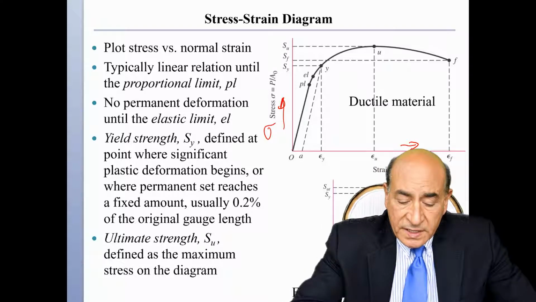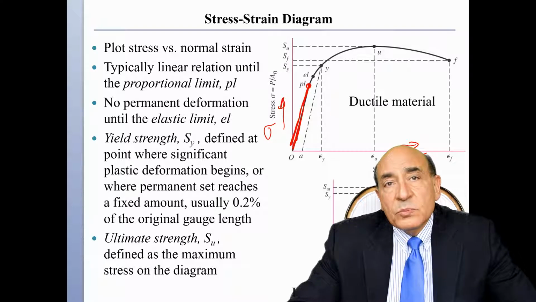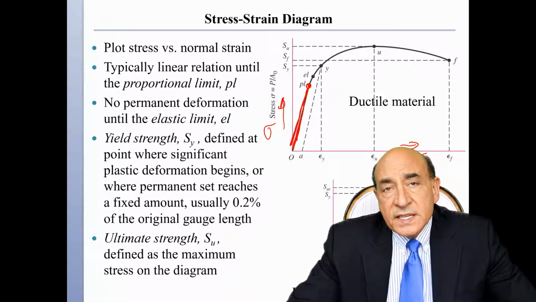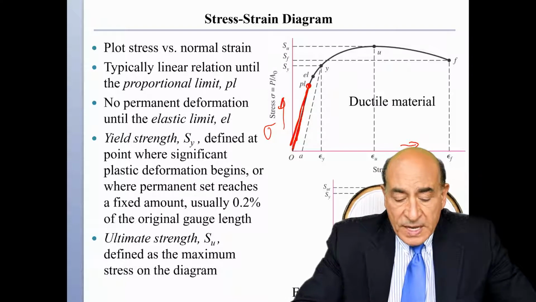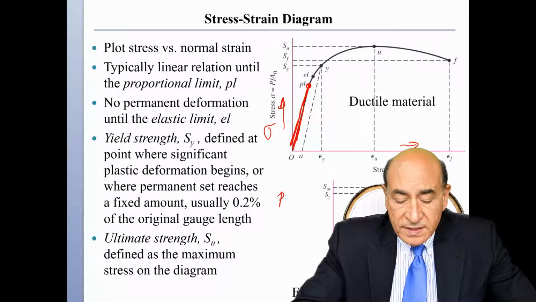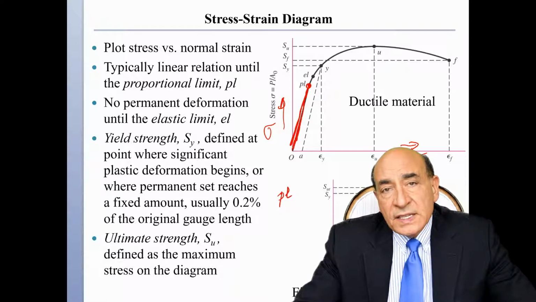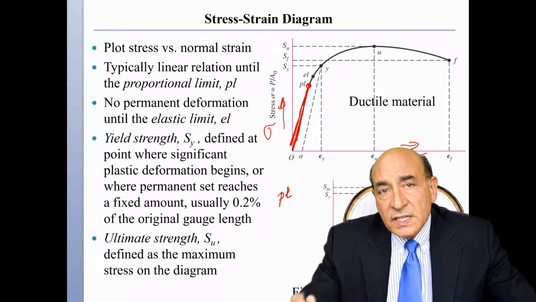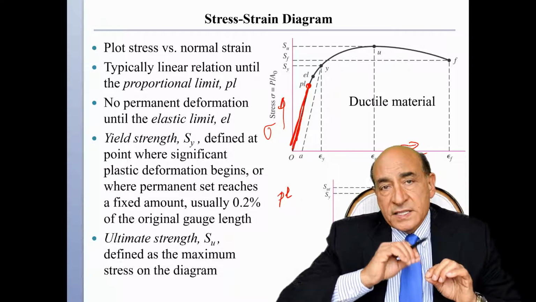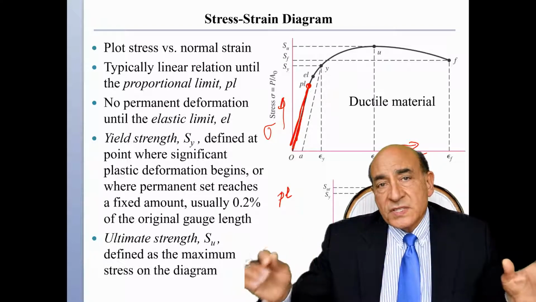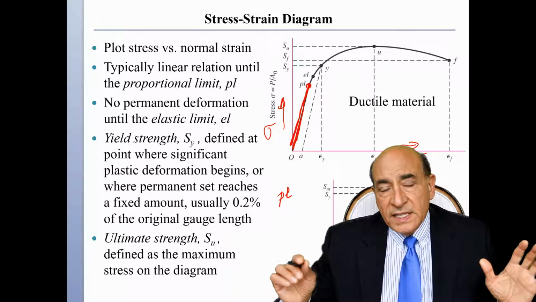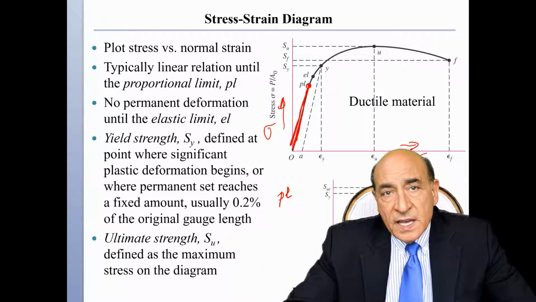First, the behavior is going to be linear elastic, all the way linear up to some stress and strain. That point we're going to call PL. PL is the proportional limit of the material, so the stress is proportional to the strain. It's not yield yet, but it's the proportional limit.